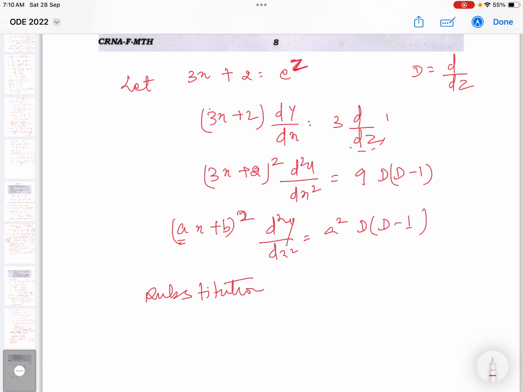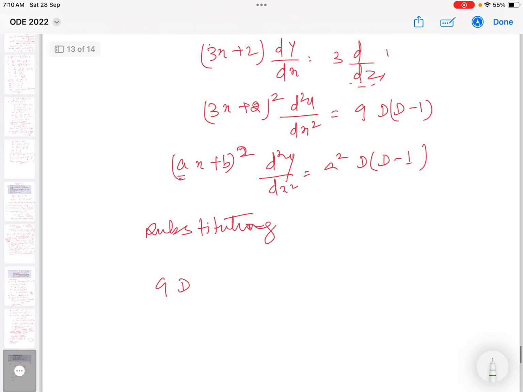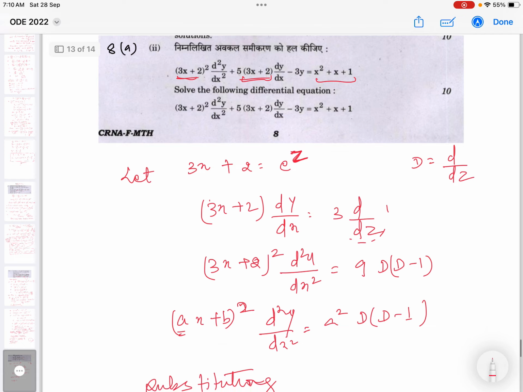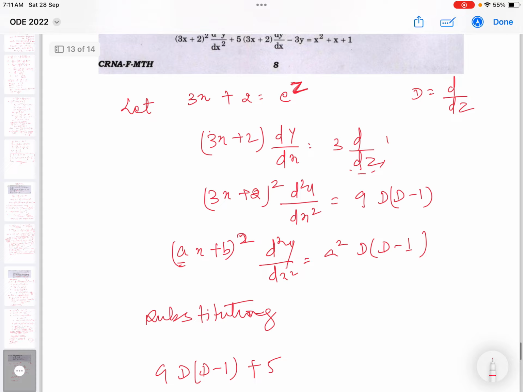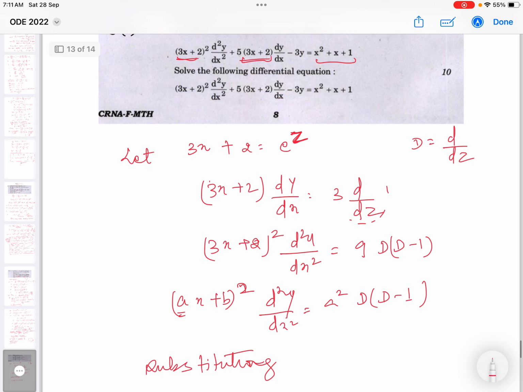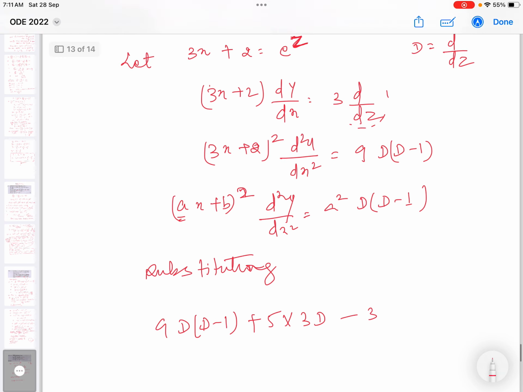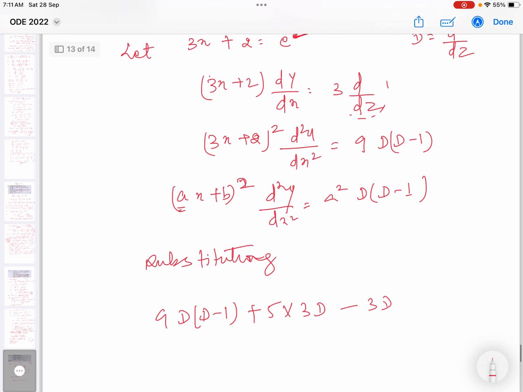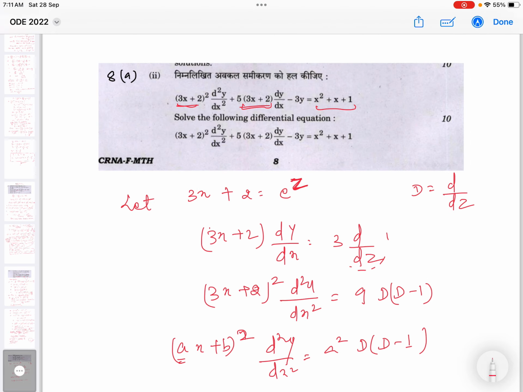So it will become 9d(d minus 1) plus 5 into 3d minus 3d, I guess, is equal to... now we need to replace x in terms of z.